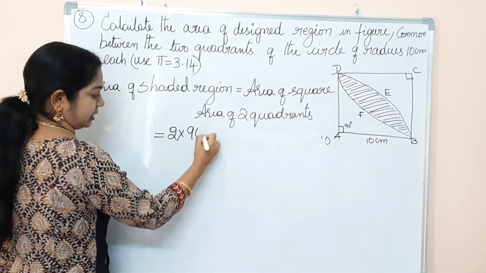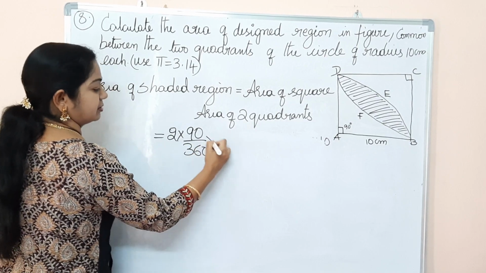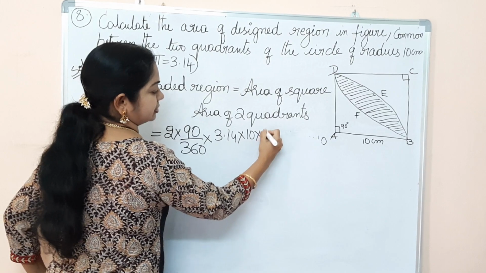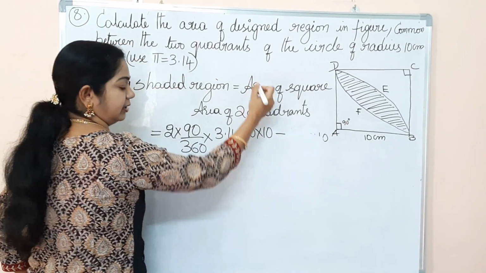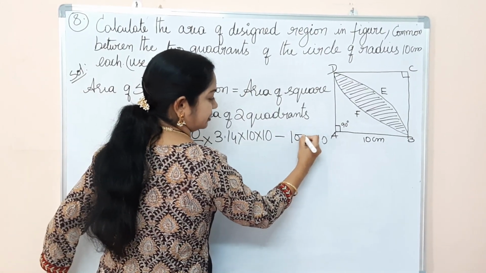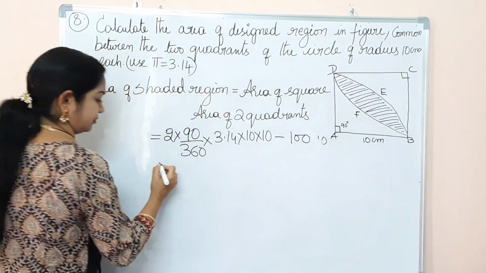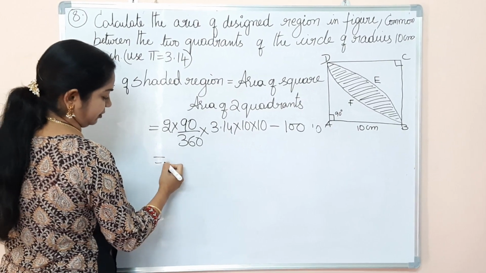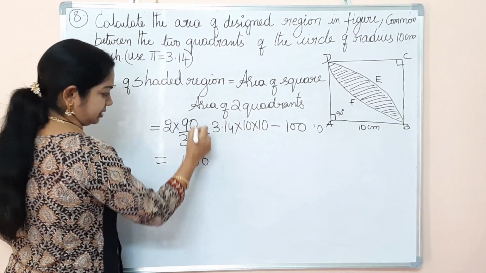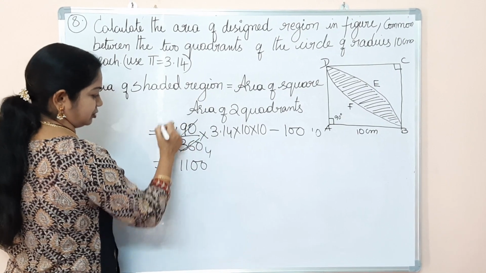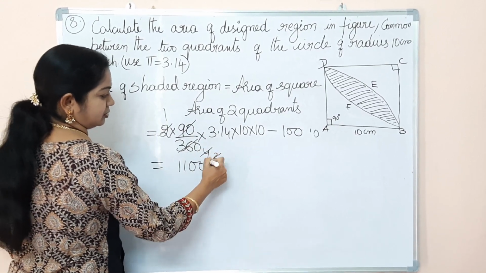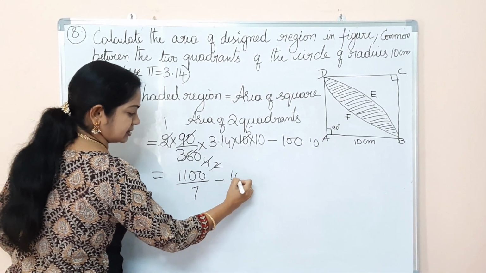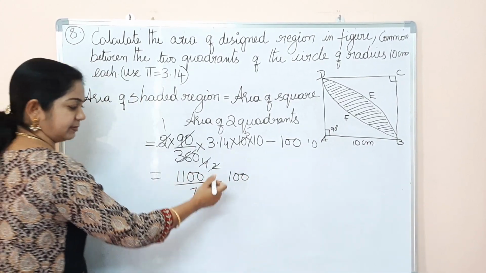So 2 into 90 by 360 into 3.14 into 10 into 10, minus the area of the square, that is 100. If you do the calculation here, you will get a value of 1100 by 7 minus 100.